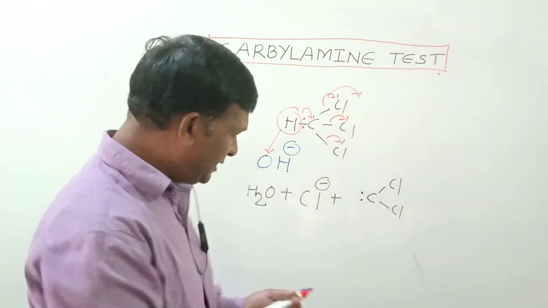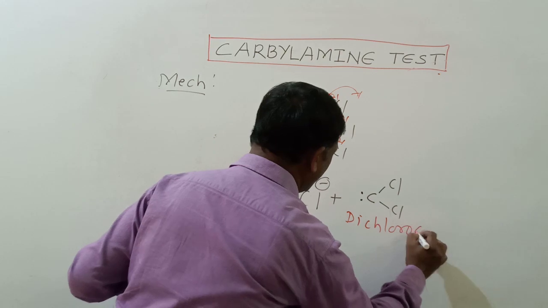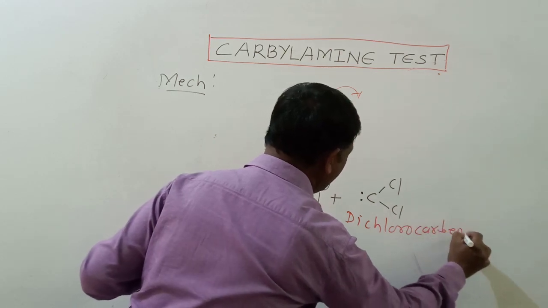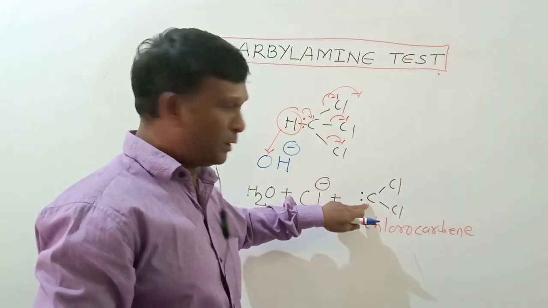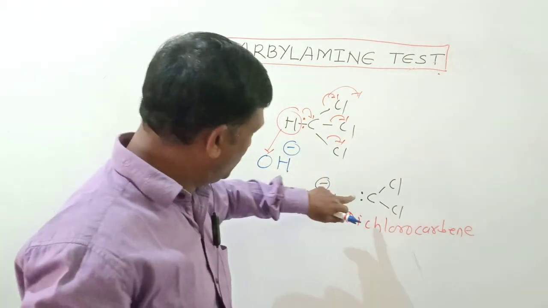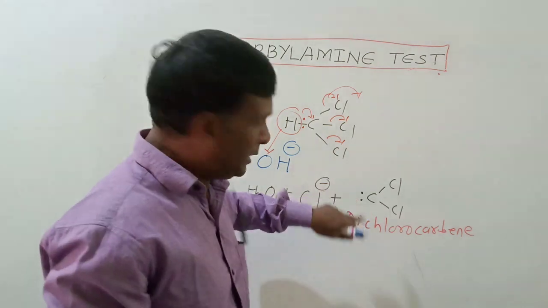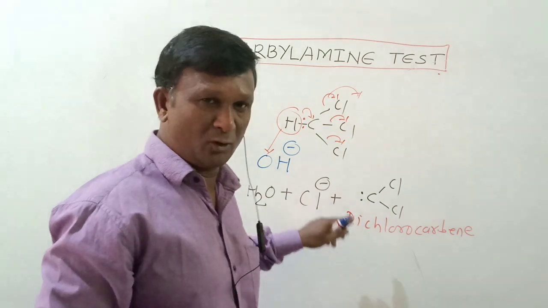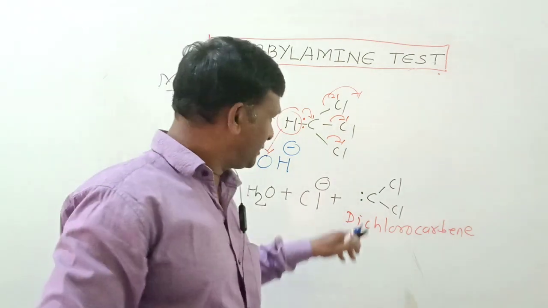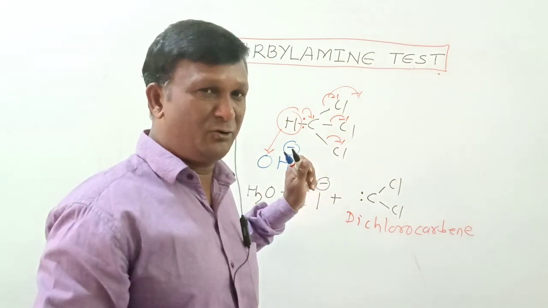This one, which is called dichlorocarbene. Now in the case of dichlorocarbene, the carbon is surrounded with only 6 electrons: 2 electrons left over by the hydrogen, 2 from this bond and 2 from this bond, so a total of 6 electrons are there. So this dichlorocarbene is electron deficient.